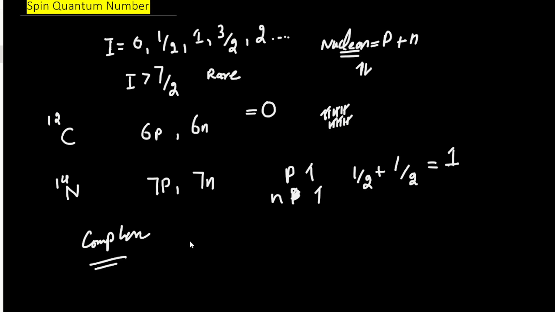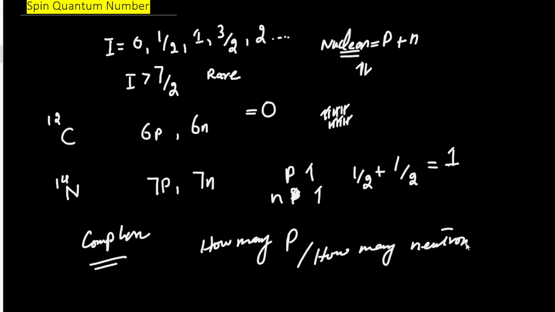But in the complex form, we can predict, but it is very difficult to predict how many protons are paired up, how many neutrons are paired up, and how many unpaired neutrons and unpaired protons are present. So these are most difficult. There are many difficult examples for that. I am not going to discuss that.